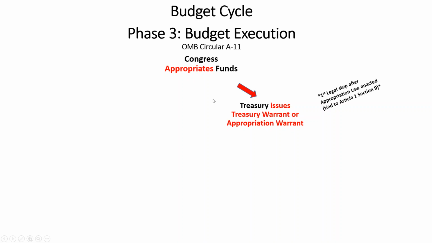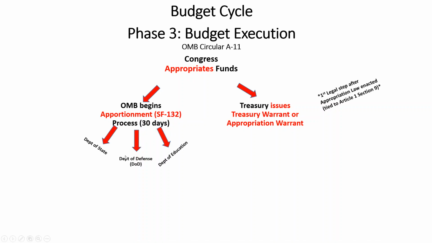The second thing that happens after Congress appropriates is OMB begins the apportionment process. So what happens here is, let me go ahead and click different agencies. All the agencies that get money from OMB, once Congress appropriates, have 10 days to submit an SF-132 to OMB.